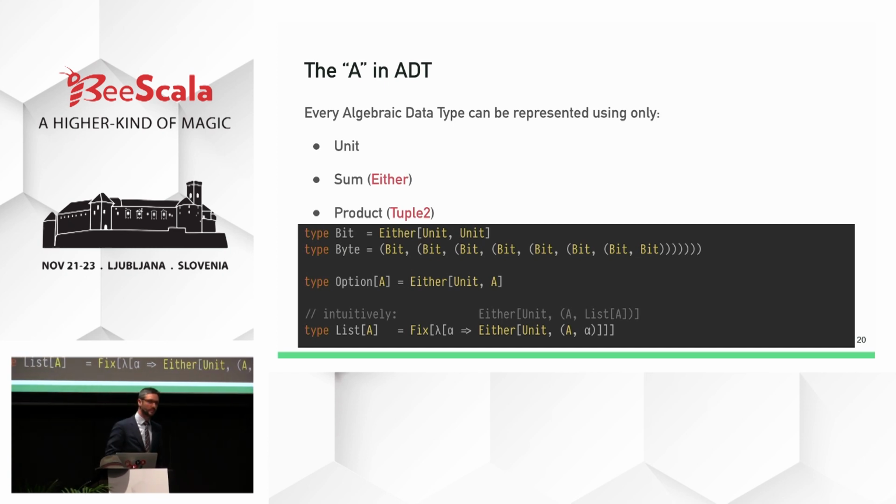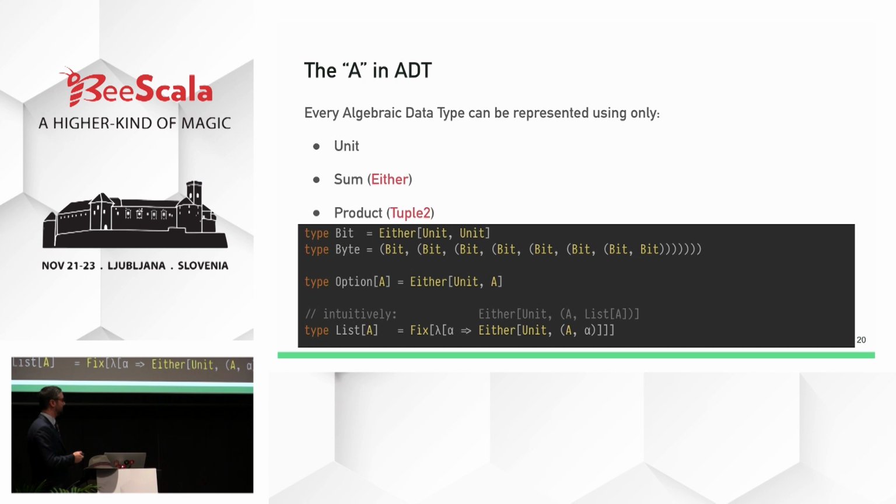We also can build this kind of equivalence for recursive types, like list, but it becomes more difficult to express that in Scala with a type alias, because we are not allowed in a type alias to have a recursive reference to the type itself.